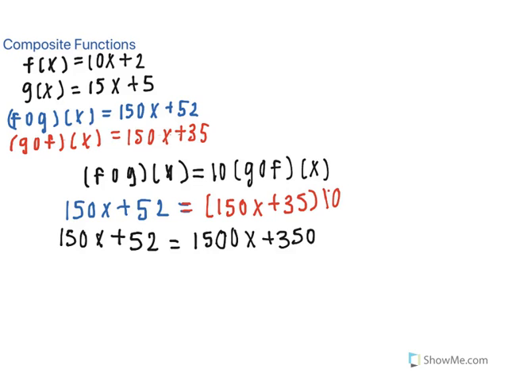If I subtract 1,500x from 150x, and also subtract 52 from 350, we would get negative 1,350x equals 298. And if we further simplify, we would get x equals around negative 4.53.